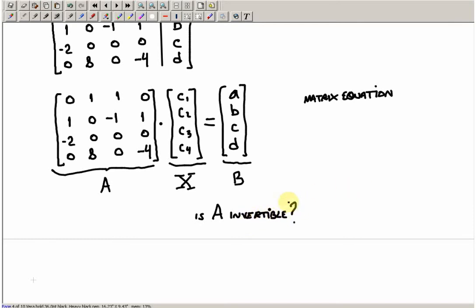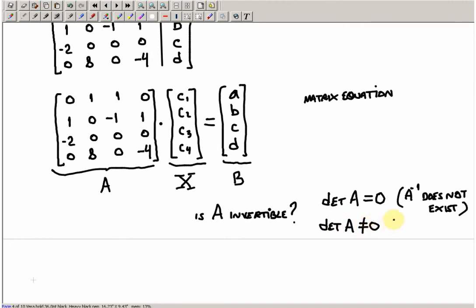How do we know? Well, we can check the determinant. What is the determinant of A? If the determinant of A is 0, then A inverse does not exist. If the determinant is different than 0, then the inverse exists.